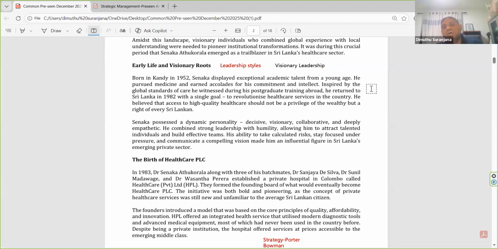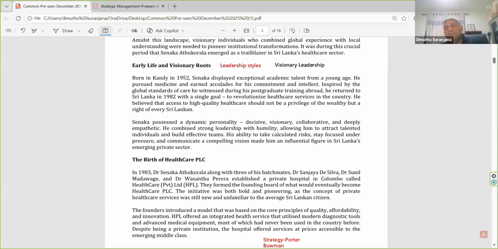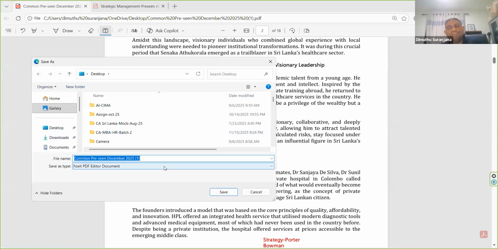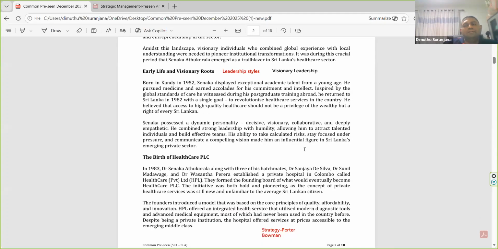You can also think about some of the other leadership styles which can be applied in this particular scenario. For example, you can think whether it is more an employee-oriented leadership style, or whether it is more a task-oriented leadership style. You think on that. So more analysis can be done here.